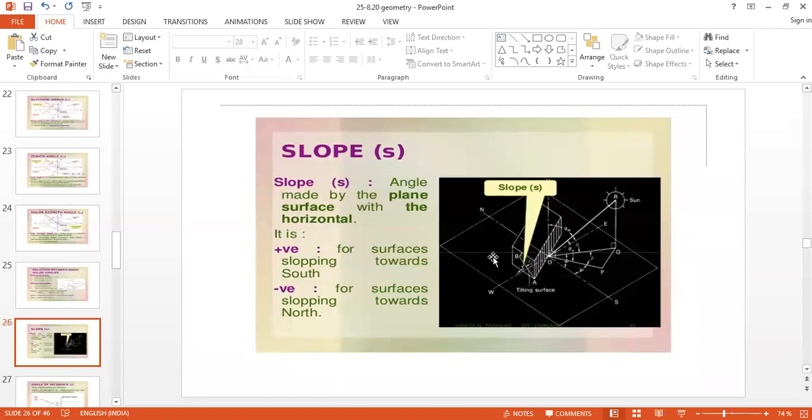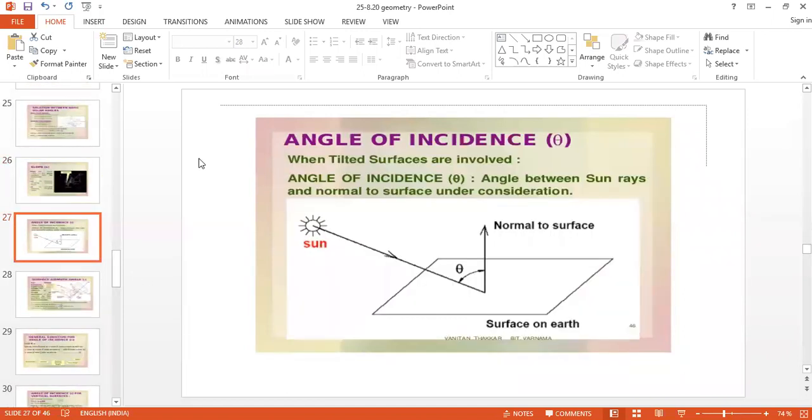We are taking the plane A, B, C, D, E, F. Clearly observe our figure. And angle of incidence is theta.